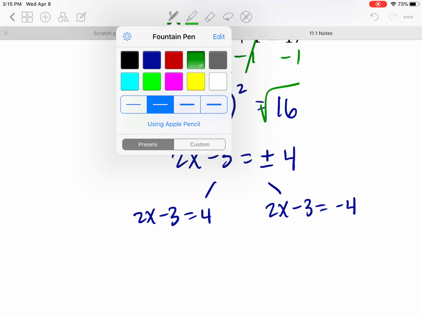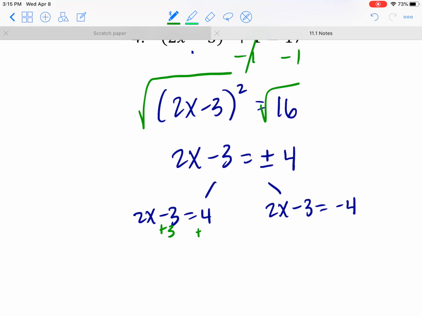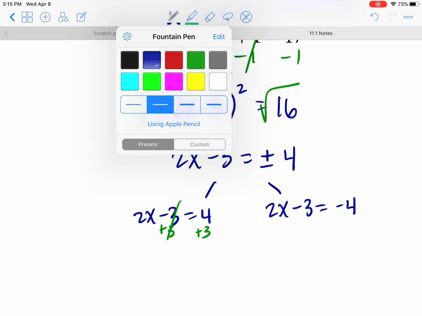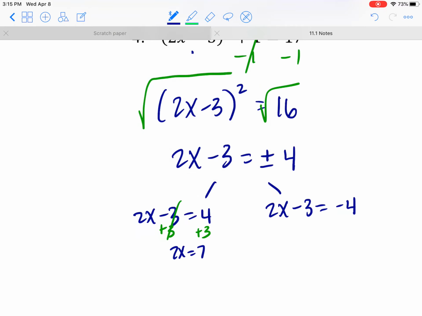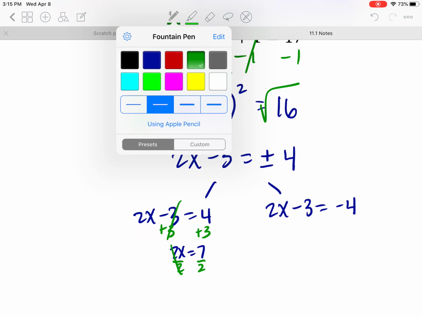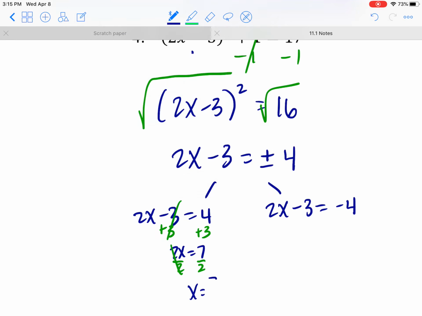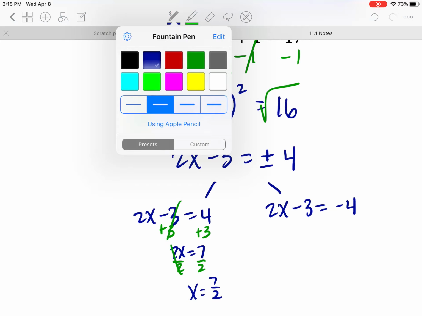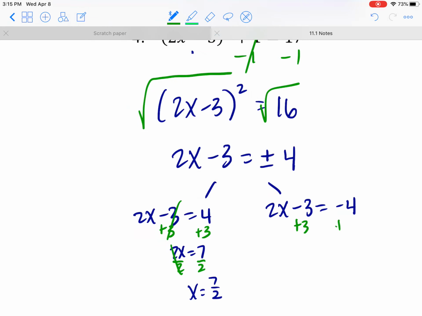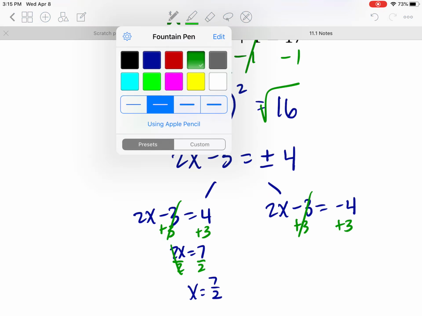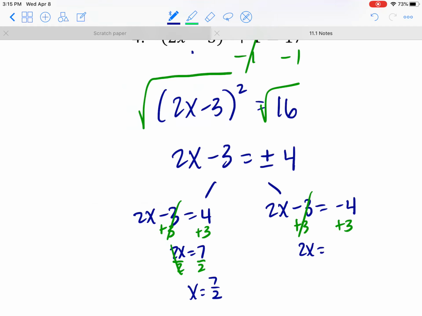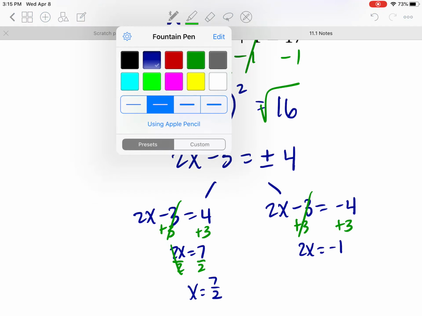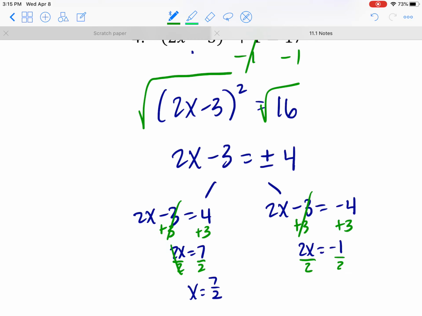All right. So here, again, this is saying that we can break this up, that 2x minus 3 is going to equal positive 4, and that 2x minus 3 is going to equal a negative 4. So when I add 3 to both sides on this one, I'm looking at 2x equals 7, and then divide by 2, so x equals 7/2 is a solution.